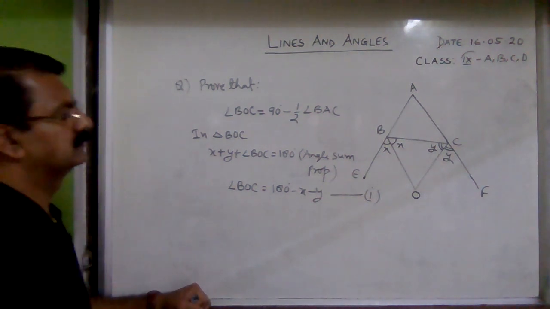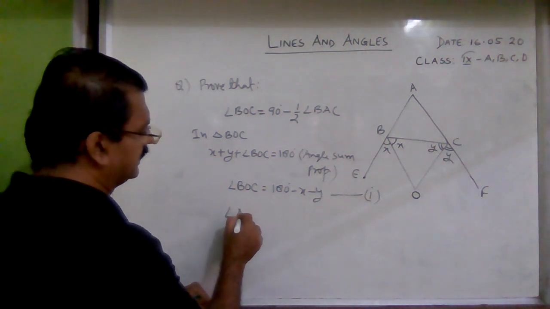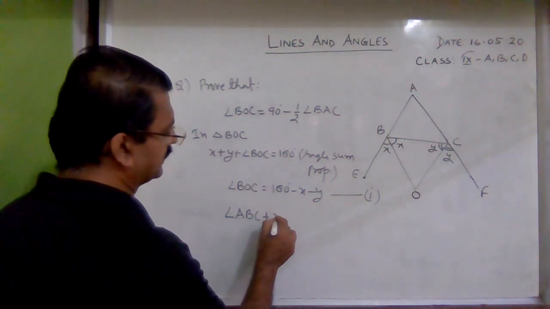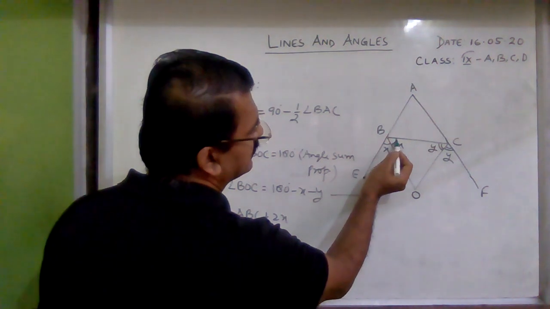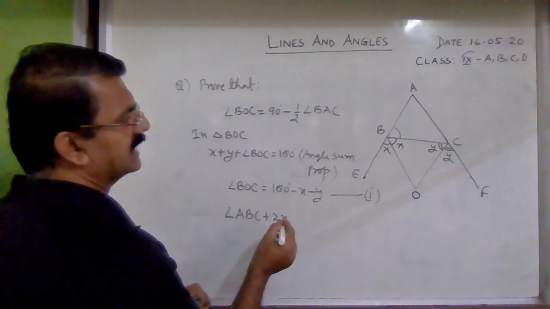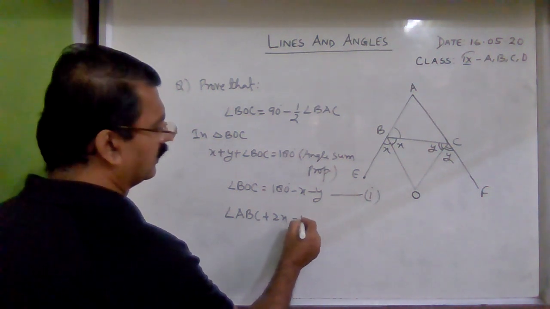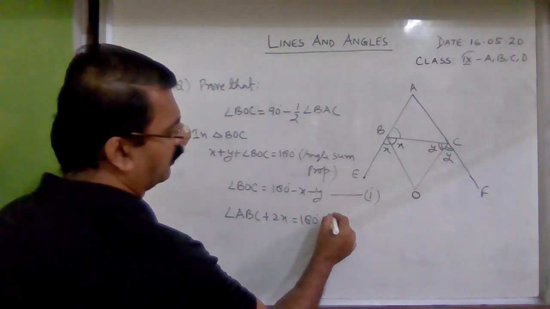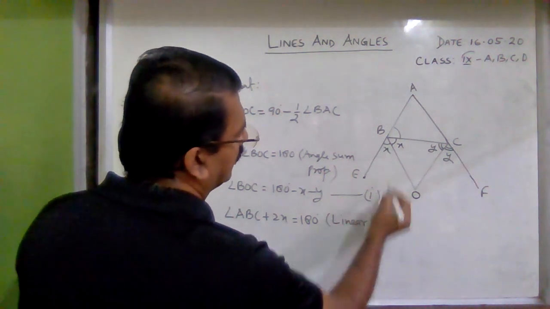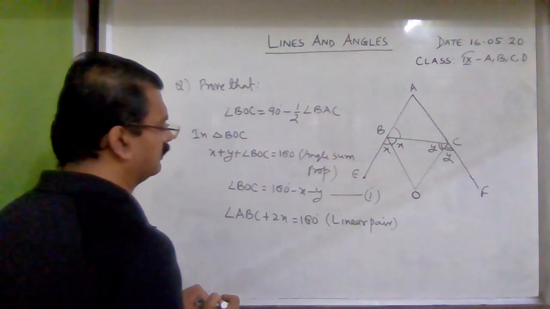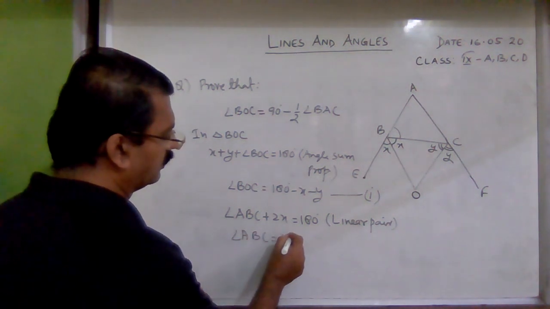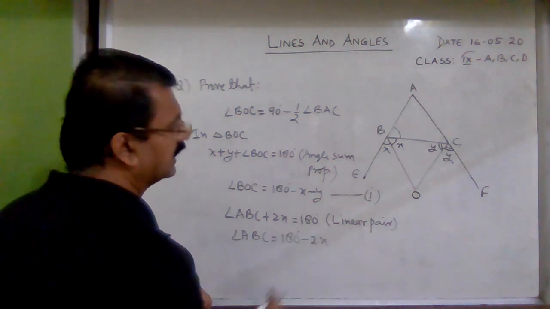Now you see angle ABC. Angle ABC plus 2x, this whole angle is 2x, will be equal to 180 because they are forming a linear pair. So angle ABC will be equal to 180 minus 2x.